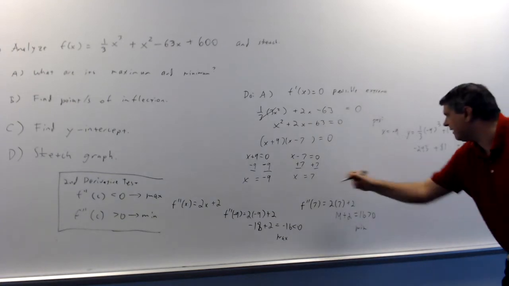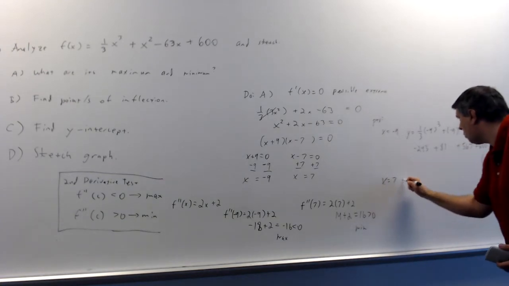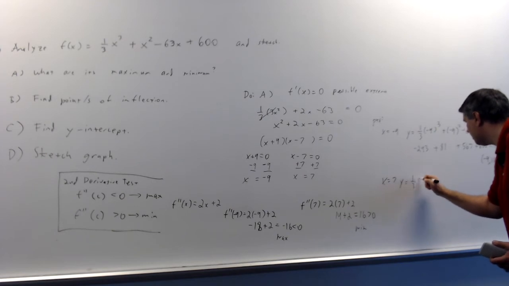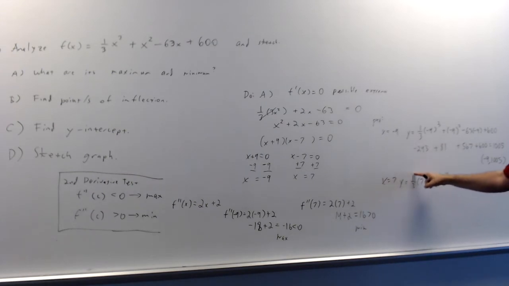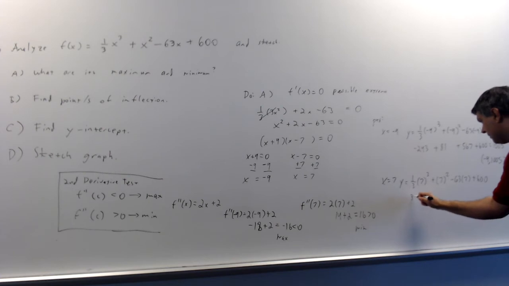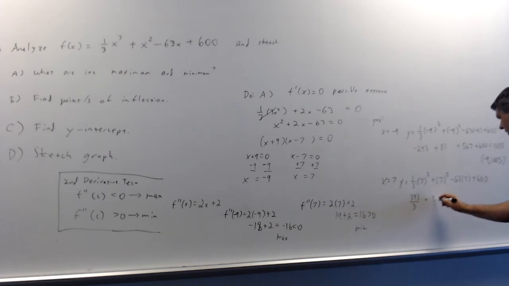Okay, x equals 7. y equals 1/3 times 7 cubed plus 7 squared minus 63 times 7 plus 600. 7 cubed is 343, and 343 times 1 is just 343, staying over the 3. That does not reduce. Plus 49. 63 times 7 is 441. Plus 600.